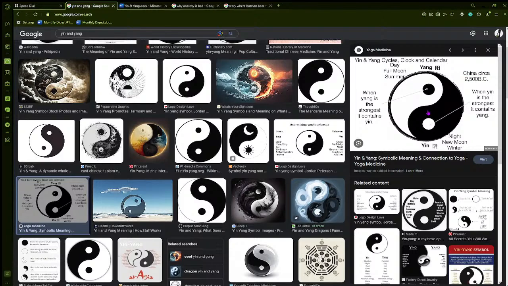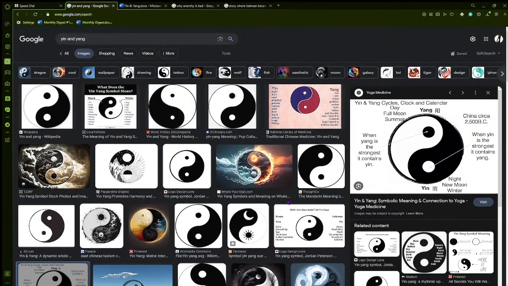So when these two are in balance, what it can be seen as is two fish-like creatures just chasing each other around and having some fun.